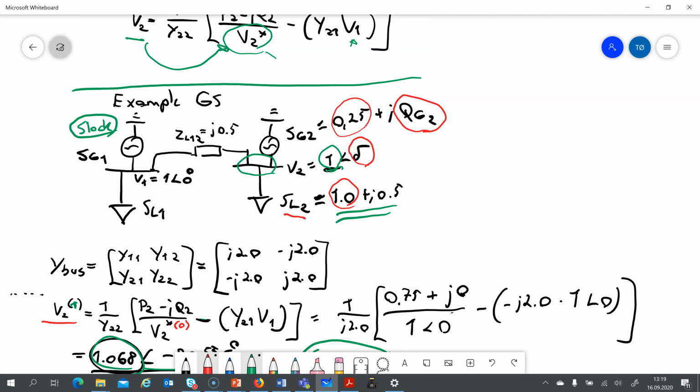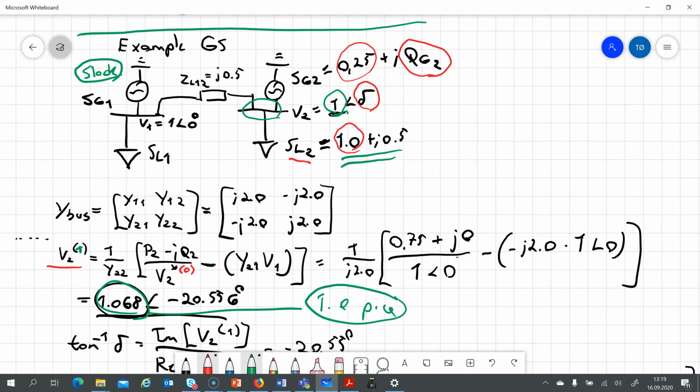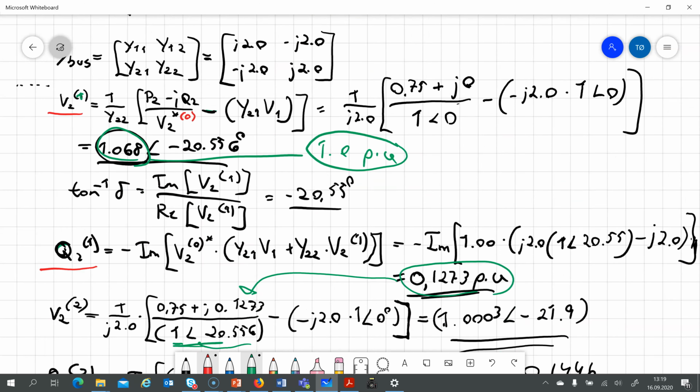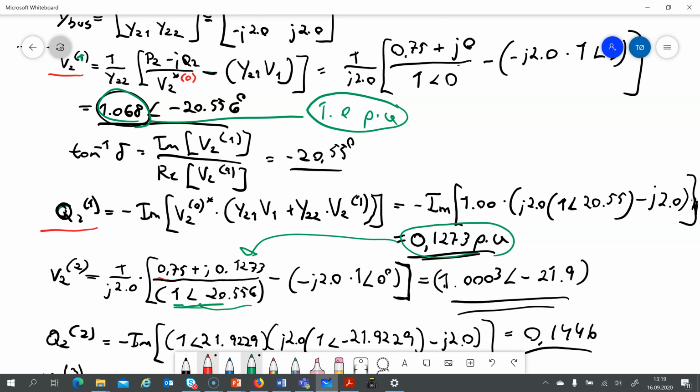So you see that from here we can calculate a value of 0.75, and that's why we use that value when you calculate it in here. So you have to keep track of what is defined as load and what is defined as the generator power.